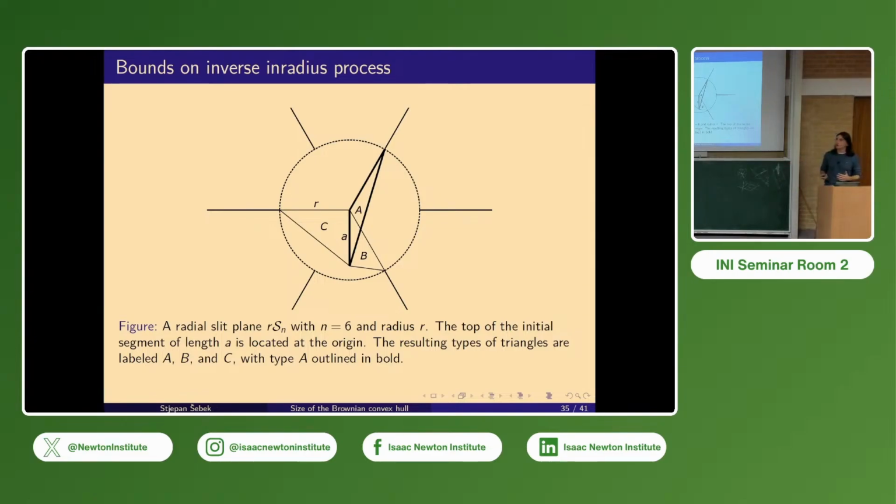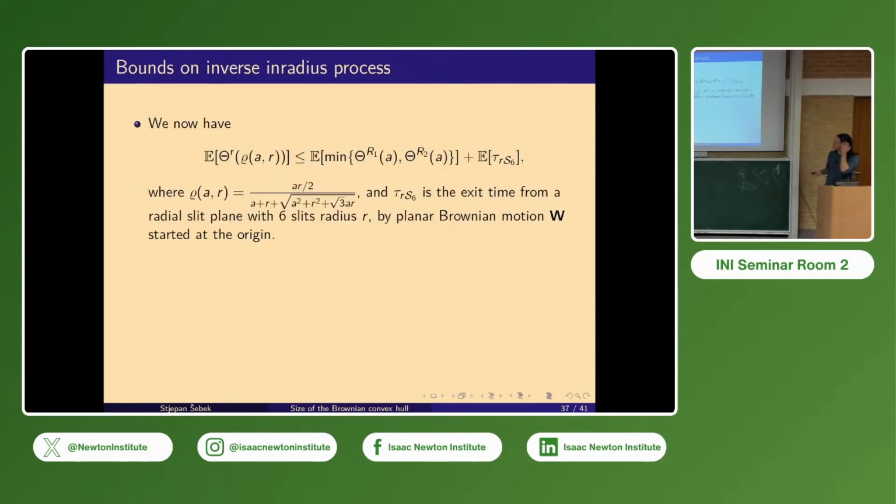So a circle of at least this size will be in our convex hull after we also exit from this radial slit plane. So when all of this happens, we are certain that we have a circle with this inradius inside of our convex hull.